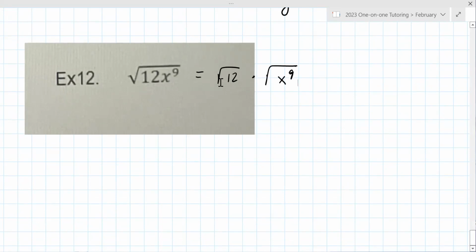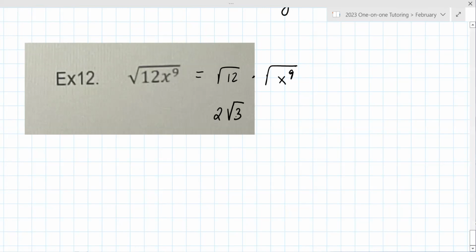I'd like you to first break apart the square root of 12 for us, then we'll talk about how to do this next one. I got 2 times square root of 3.